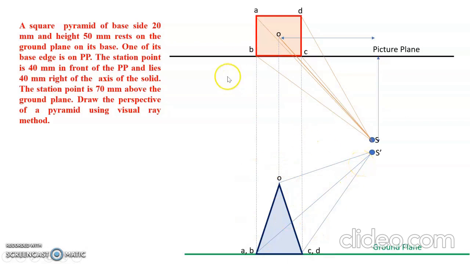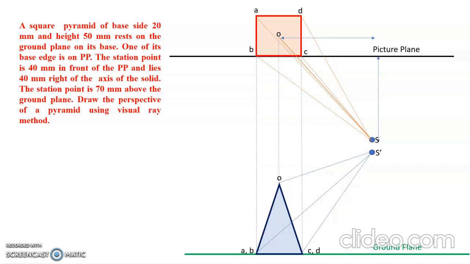Now, what we did earlier is, from the intersection, the solid's visual rays connected to the station point intersect at the picture plane. From the intersection point you need to draw a vertical line to the bottom rays.